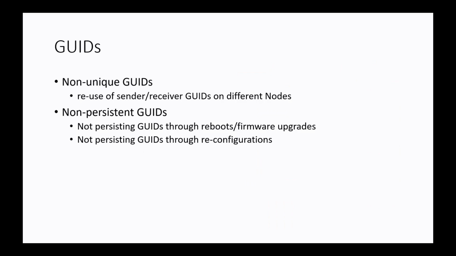GUIDs. GUIDs change. Okay, so there's 2 issues we've had with GUIDs. One, non-unique GUIDs. Well, it's not a GUID. It really just upsets my OCD when they're not unique. When I'm saying not unique, what we've seen is reuse of a given GUID on a different instance of the same device.